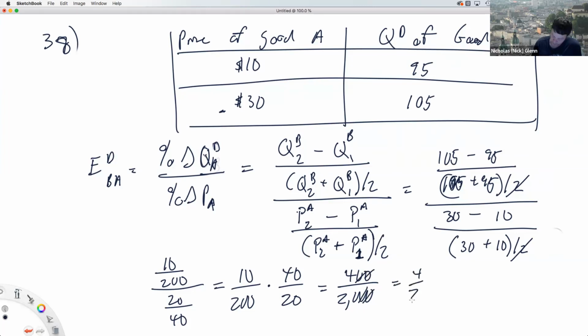We're left with 4 over 20, which is the same as 1/5. Wait a minute. Doesn't seem right. What did I do wrong here?